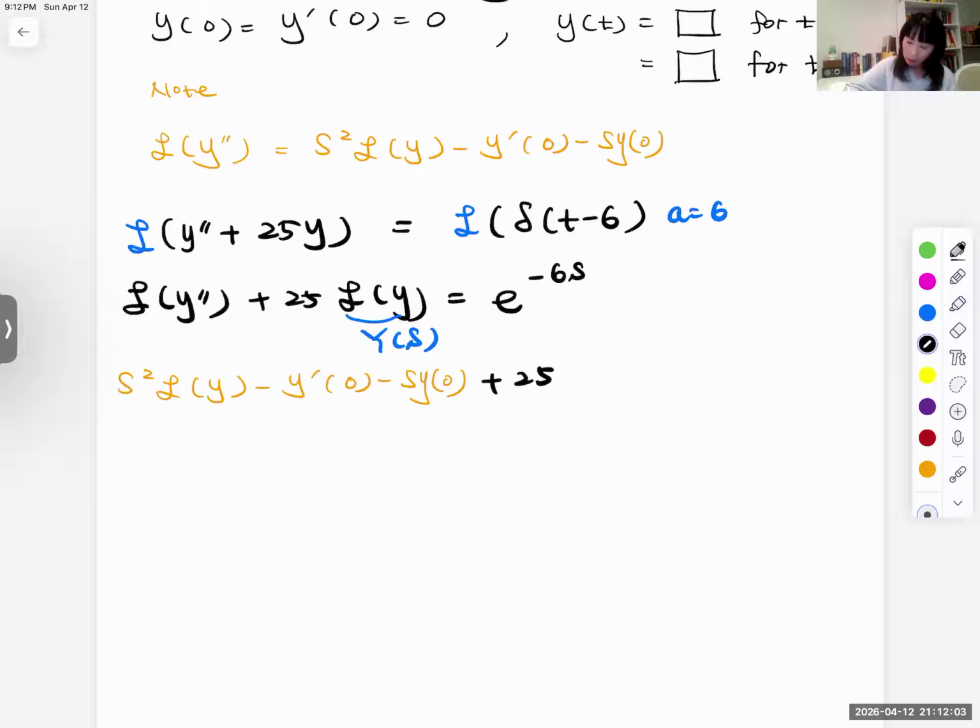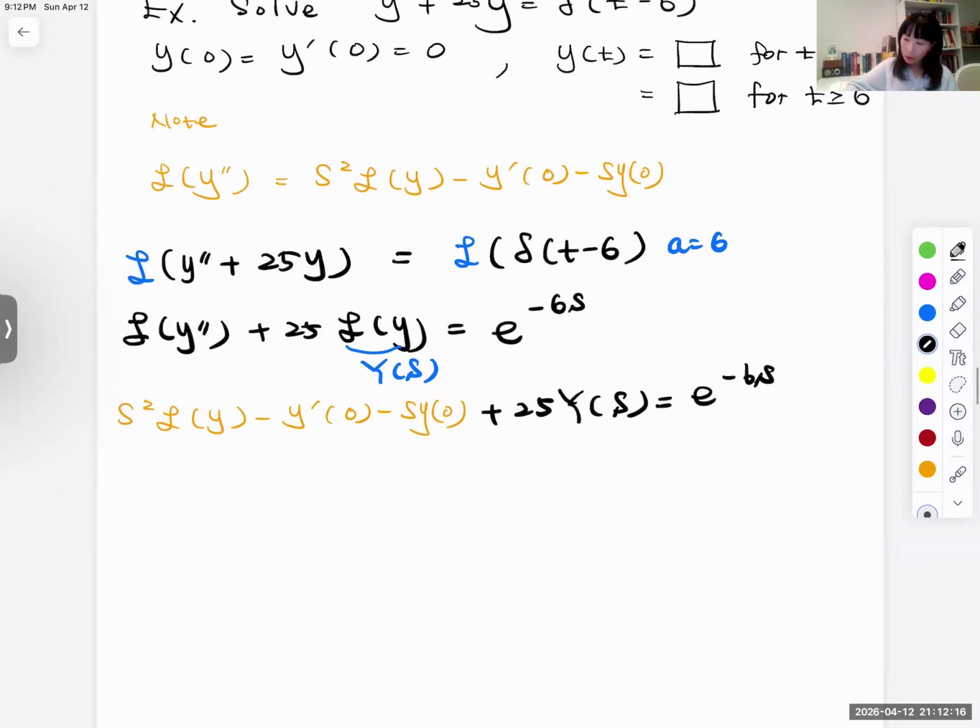So y over s equal to e to the negative 6s. Then we apply the initial value problem. So y of 0 and y prime of 0 are 0. Very easy. So this is 0 and this is 0, right?